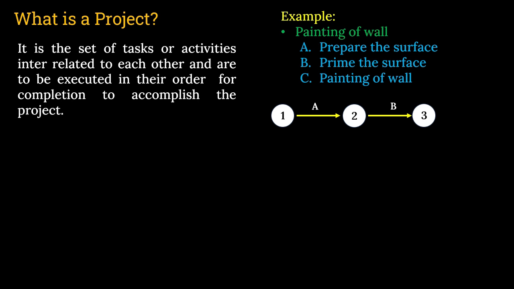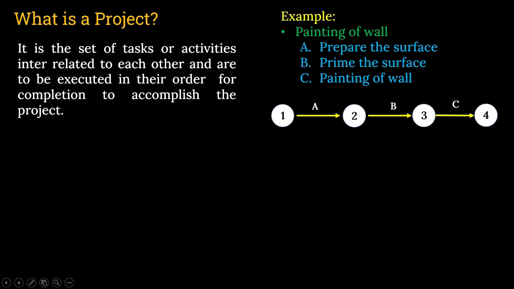Once that is completed, we can go for painting of the wall, that is task C. So here you can see in this network visualization that task A will be completed, then only task B will start. Once task B is completed, then only C will start and it will be finished. And ultimately, this is the entire project, painting of the wall.